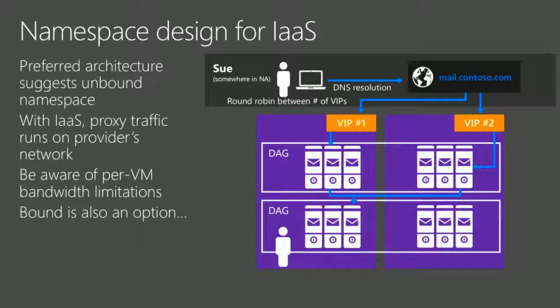One of the biggest pushbacks that we get on deploying in an unbound namespace is that there's all this proxy traffic between sites, right? Half of my traffic potentially is going to be going to the wrong site and then have to go over my internal network where I'm potentially limited on bandwidth in order to actually get to the appropriate destination. Well, if I deploy on IaaS, that's now Microsoft's problem in the case of Azure, right?